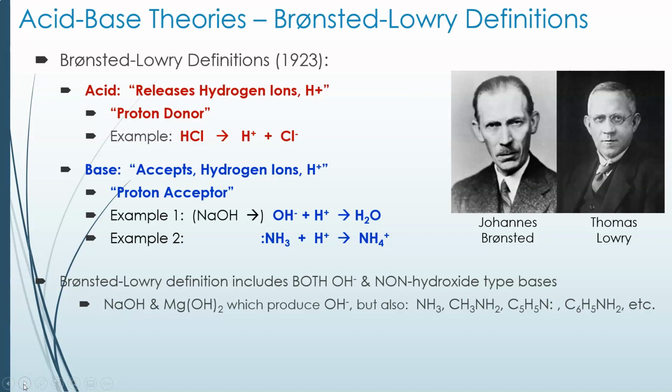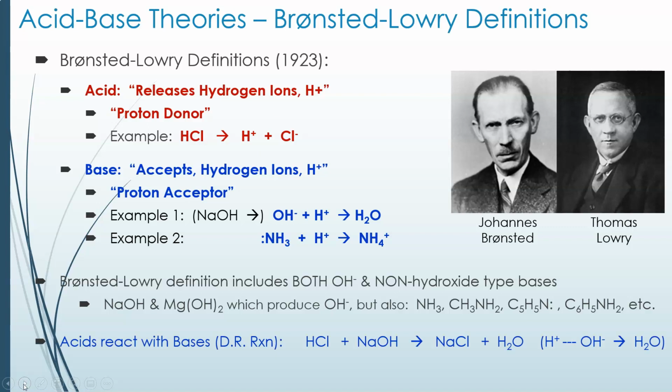The nitrogen bases include ammonia, shown here, NH3, a derivative of ammonia, an organic compound, methylamine, that's the CH3NH2, another organic compounds being carbon-based compounds. This one, C5H5N, is called pyridine, and the last one shown here, C6H5NH2, is called aniline. And there are many other nitrogen-based bases. There are other more exotic bases, but those are going to be outside of the scope of this course.